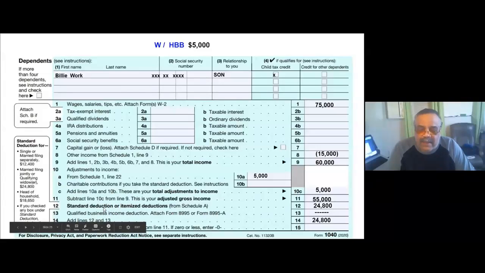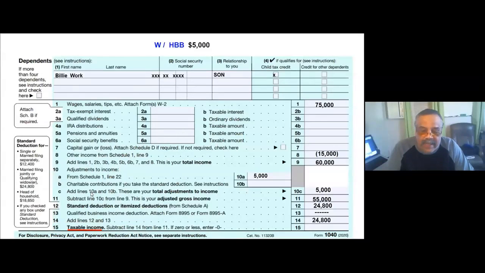I put this standard deduction on line 12. There were no qualified business deductions. So on line 13, you put the 0 there. So you add up lines 12 and 14. Okay, so that's $24,800 that you're now going to subtract.